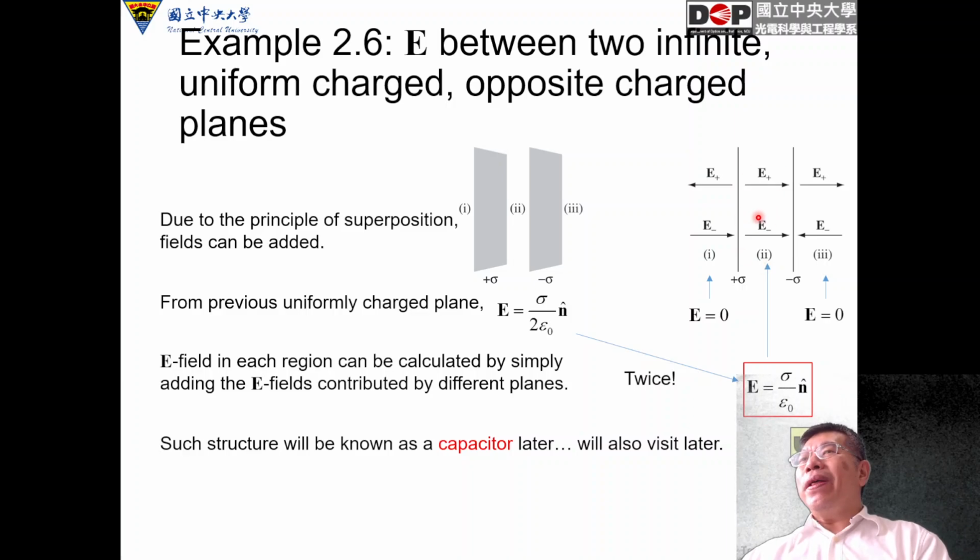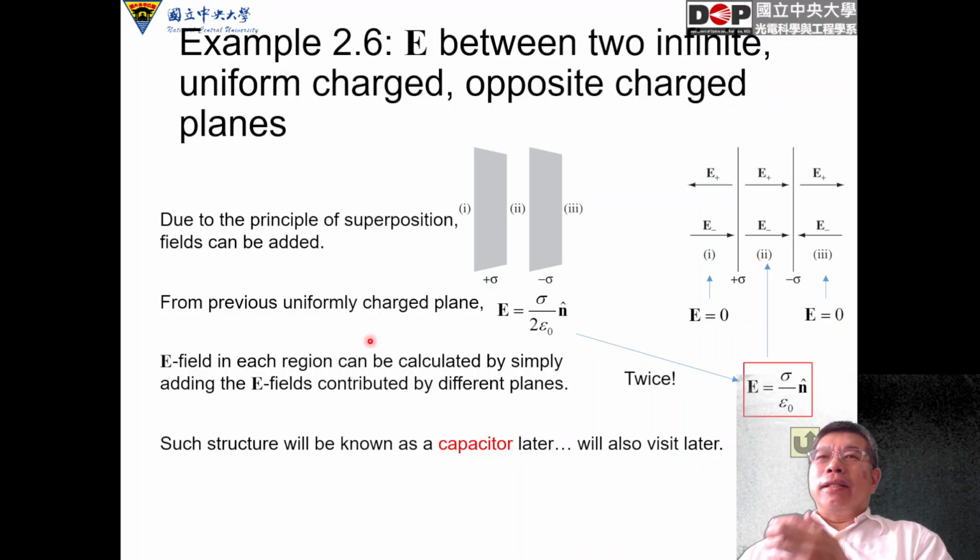But here, within these two plates, this is the total electric field. So the electric field only exists in between the plates. That's the idea, or twice what one plate contributes. This is an important thing.